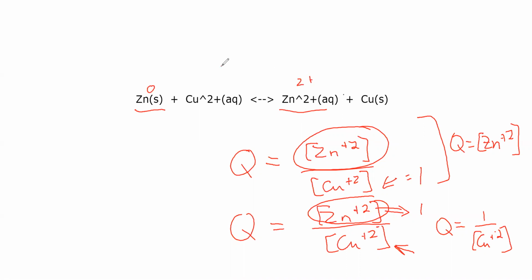So that's 2 electrons. And then from copper 2 plus to copper 0 is also 2 electrons. So this reaction is balanced with 2 electrons. So in this case, N equals 2.